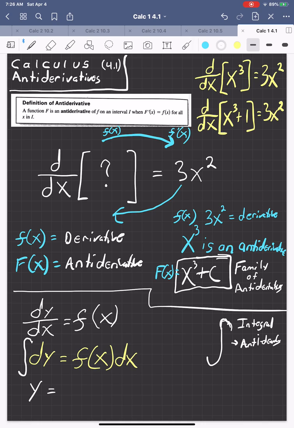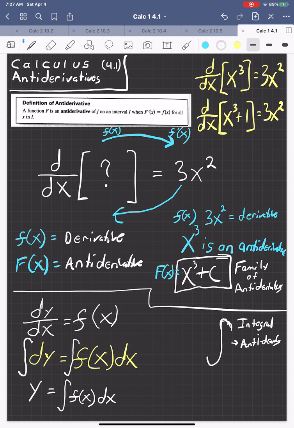But I cannot just integrate the left side of the equation, right? We have properties, rules of equality, so I have to integrate the right side as well. And so what we have is the integration of, now remember, f is now the derivative, the integration of a derivative with respect to some variable is going to be equal to y.